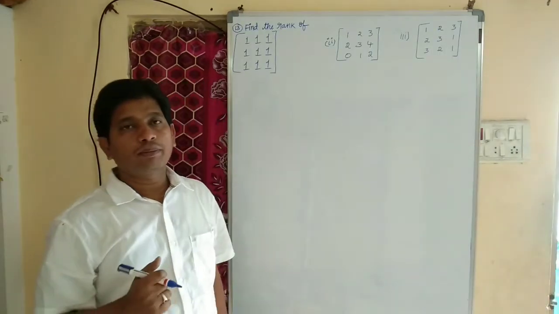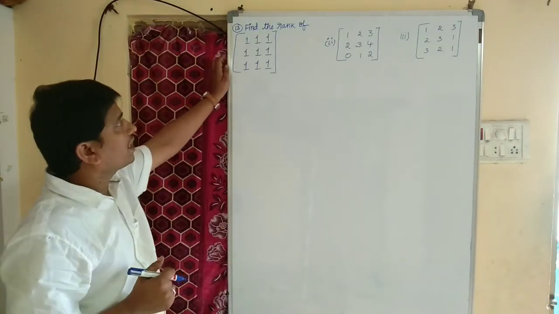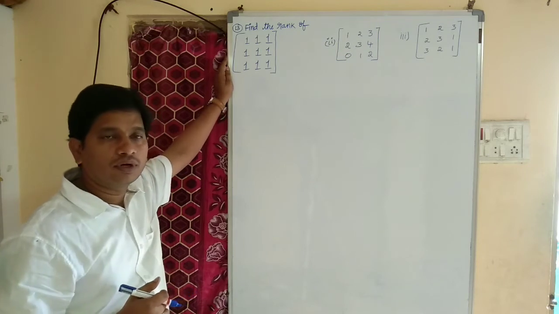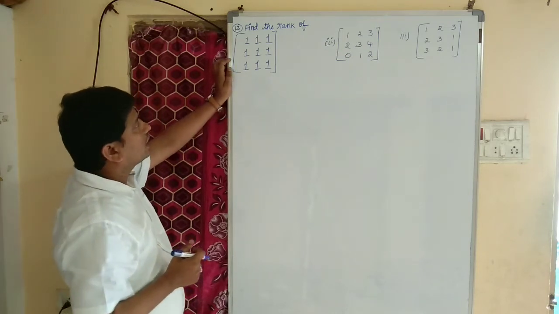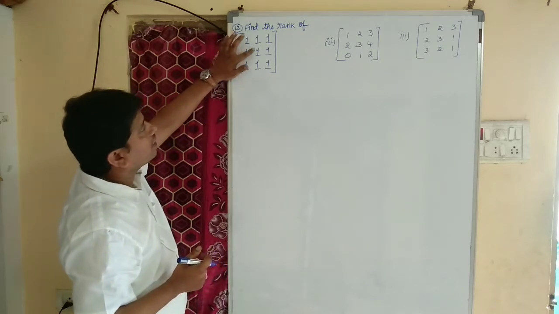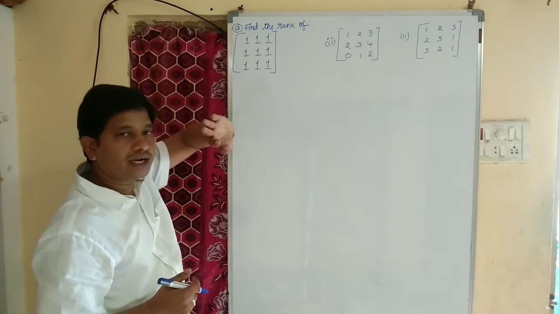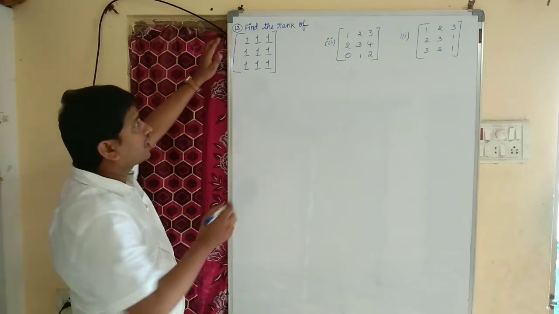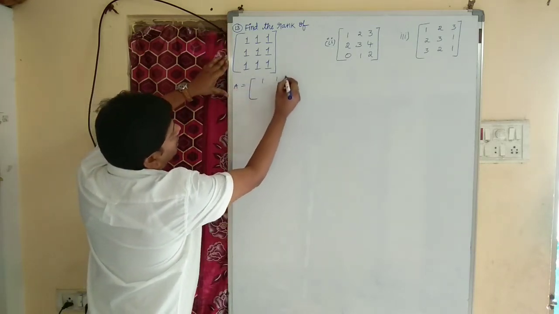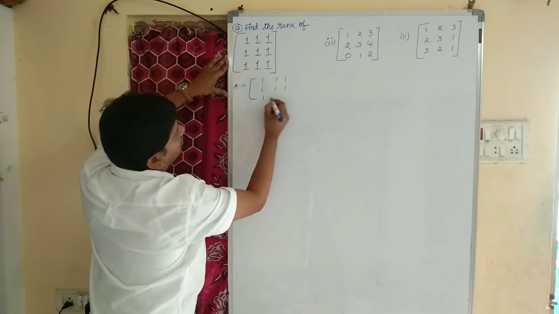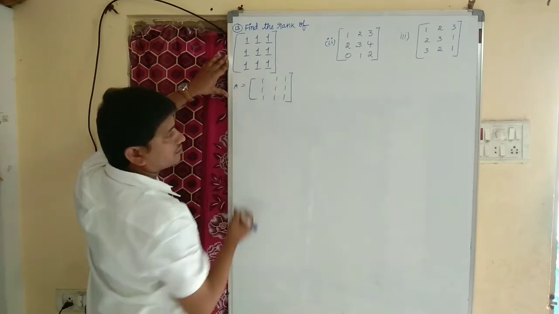Okay. Now coming to the 13th question, find the rank of the given matrices. So for the first question, they have given the matrix 1, 1, 1. All the elements are identical. Consider the given matrix as A equal to 1, 1, 1; 1, 1, 1; 1, 1, 1.